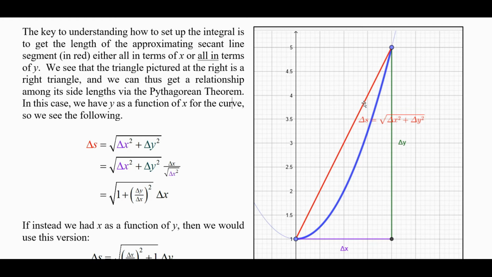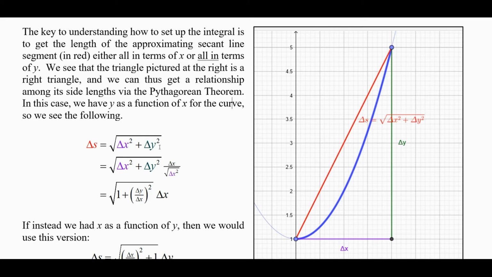So we want to get this delta s either all in terms of x or all in terms of y. If the original function is all in terms of x, then we have a right triangle here, and a Pythagorean relationship. So delta s is the square root of delta x squared plus delta y squared.